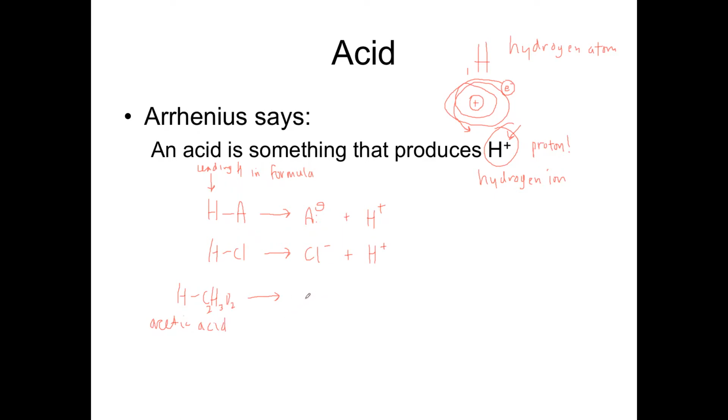Acetic acid produces C2H3O2, and what are we left with? We're left with acetate plus H+. Can you see how each of these produces an H+? And I'm going to say in solution. It produces that in solution. I wrote that kind of small, maybe for you to see on the video, but it produces this in solution.